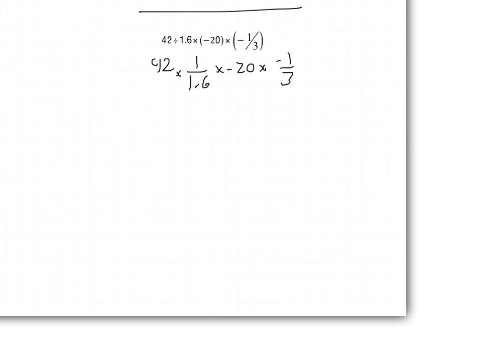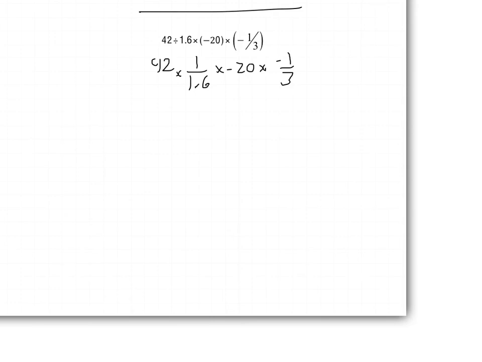And for this one, my intuition says that I want to go ahead and multiply my negative times my negative, but I actually know that this negative 1/3 is compatible with 42, and that it's going to give me a whole number. So I'm actually going to rearrange it to put those two together.